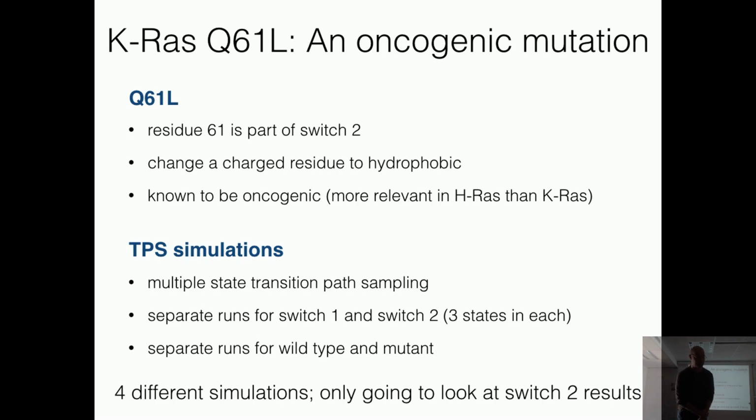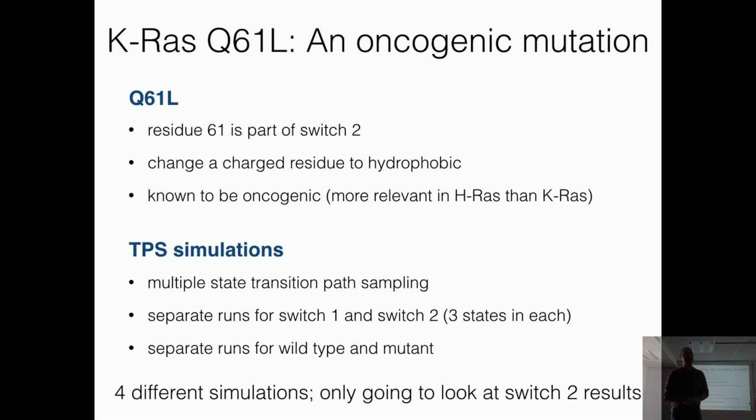It's not a charged residue. It is changing a hydrophilic residue to hydrophobic. I need to change that slide. And this is oncogenic. It's actually more relevant in HRAS, which is another variant of RAS, than it is in KRAS. But actually, we think our results have more implications for HRAS. Or our results are consistent with it being more relevant in HRAS. Let's put it that way.